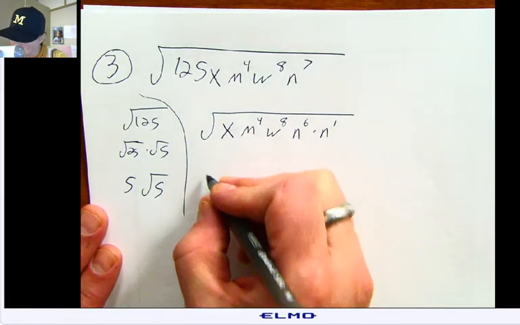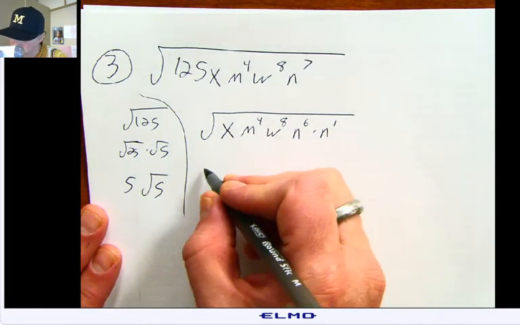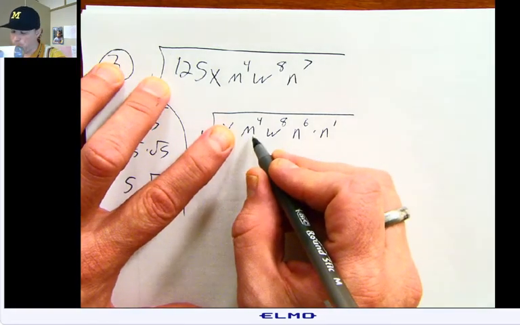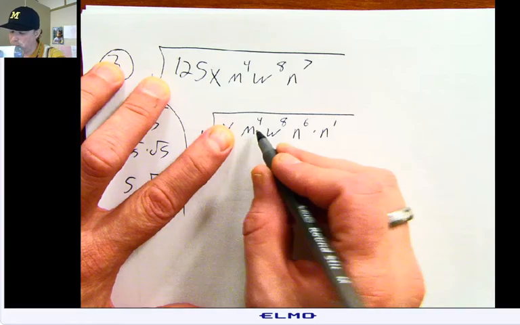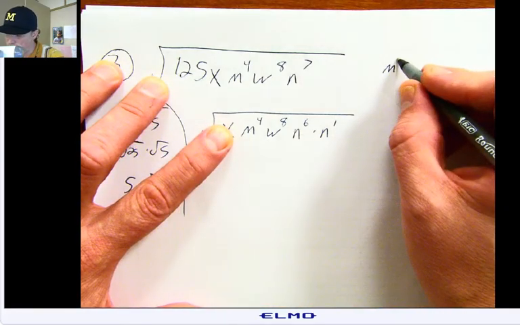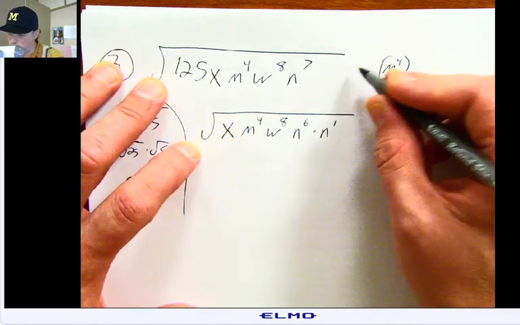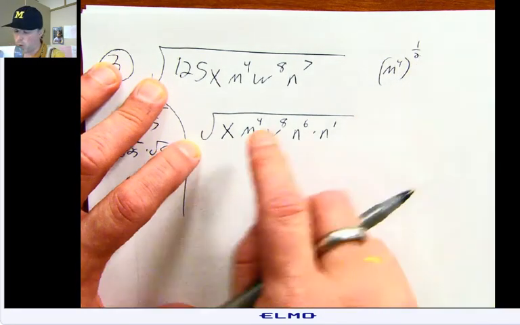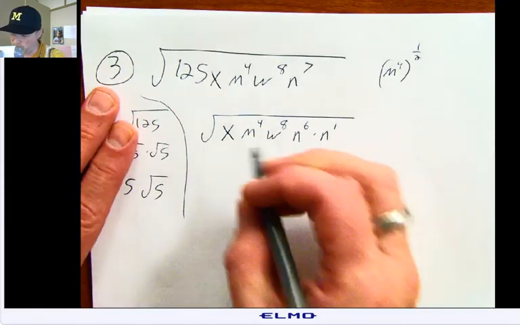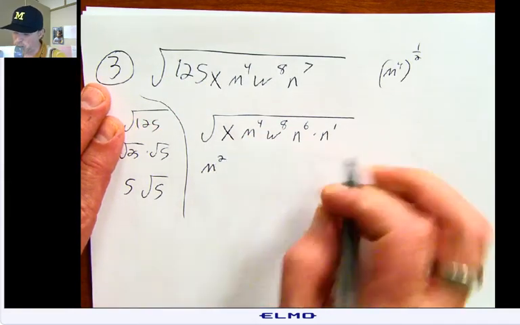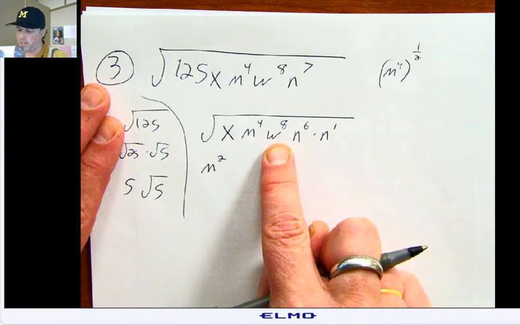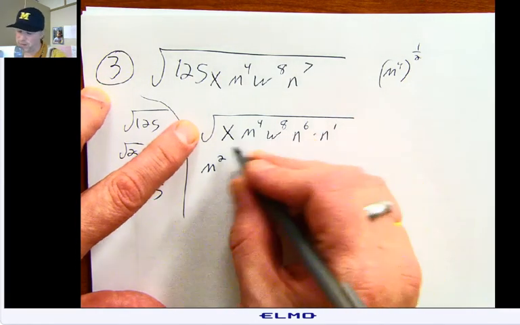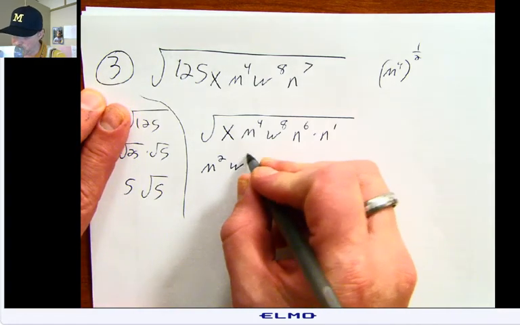Anyway, when the m escapes, you've got to think, it's m to the 4th, but it's the square root of that, so it's to the 1/2, and 4 times 1/2, or 4 divided by 2, is 2, so it's going to become an m squared. The w to the 8, same thing, 8 divided by 2 is 4, so w to the 4.